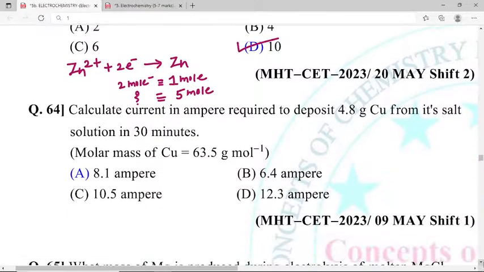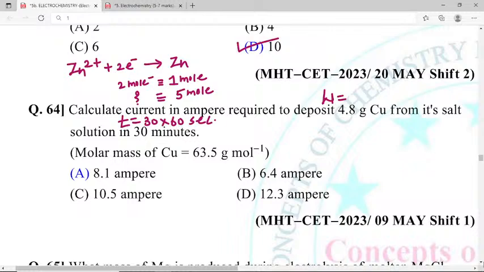Next, calculate the current in ampere required to deposit copper. W is given, 4.8. Time T is equal to 30 minutes, so 30 multiplied by 60 is seconds.